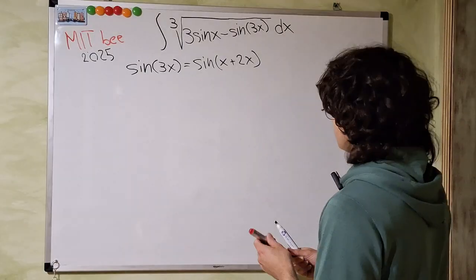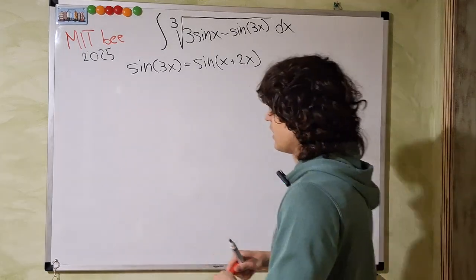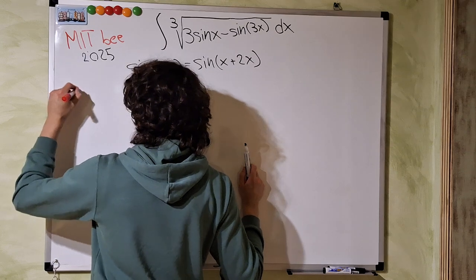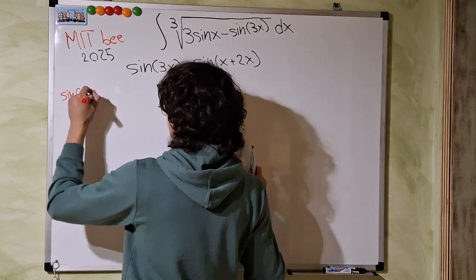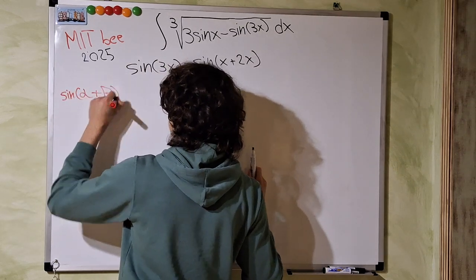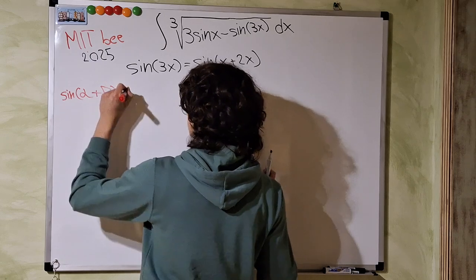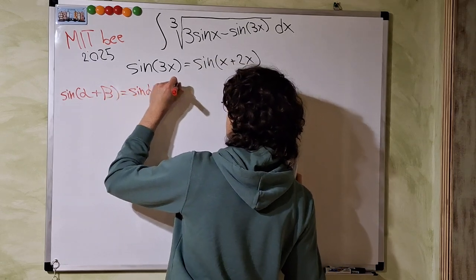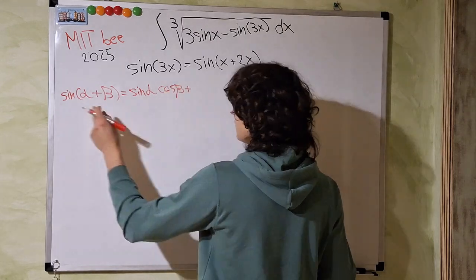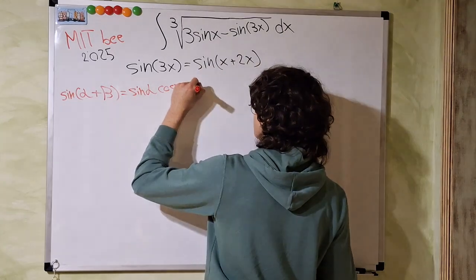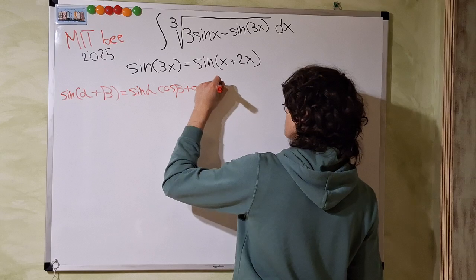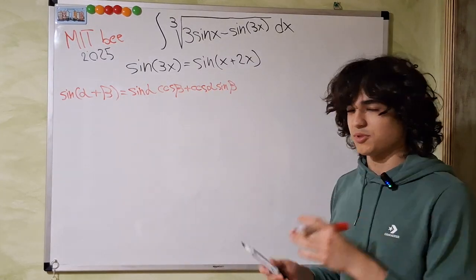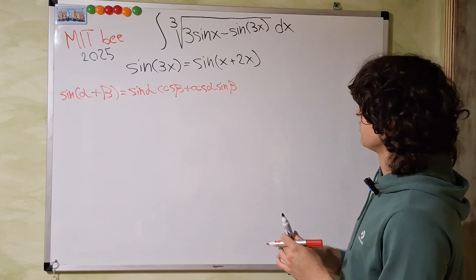So I'm going to use the following identity, that if we have a sine of an angle alpha plus another angle beta, this can be written as the sine of alpha times the cosine of beta plus the cosine of alpha times the sine of beta.